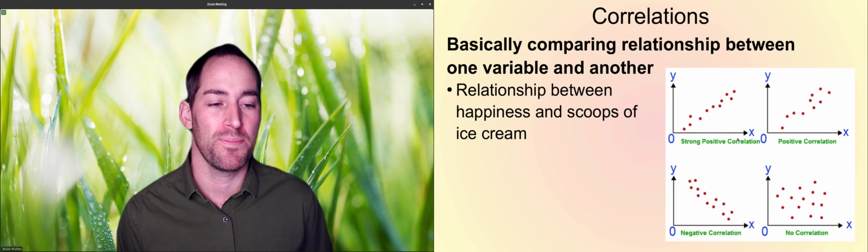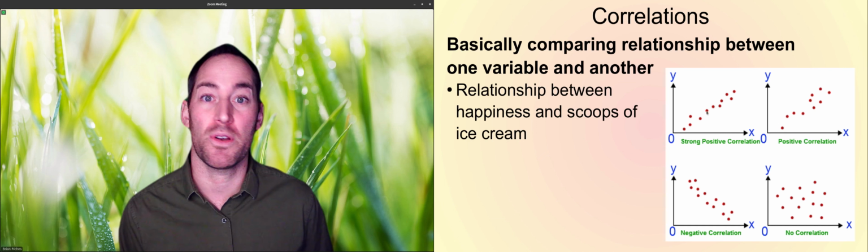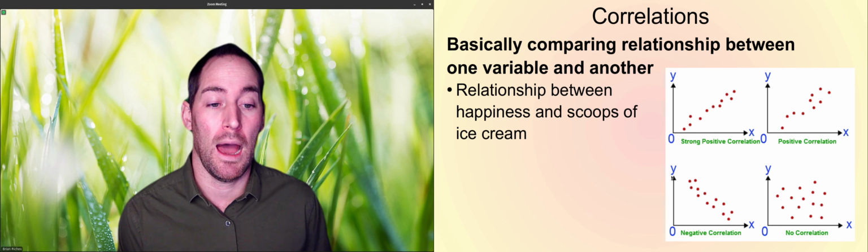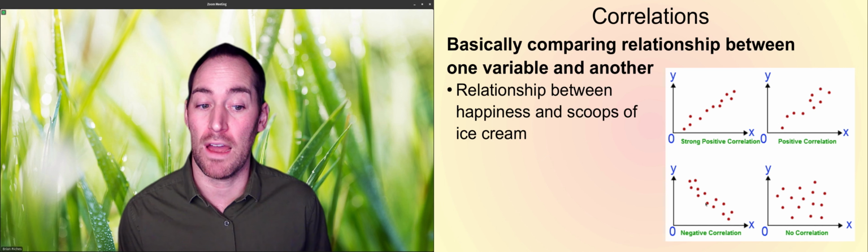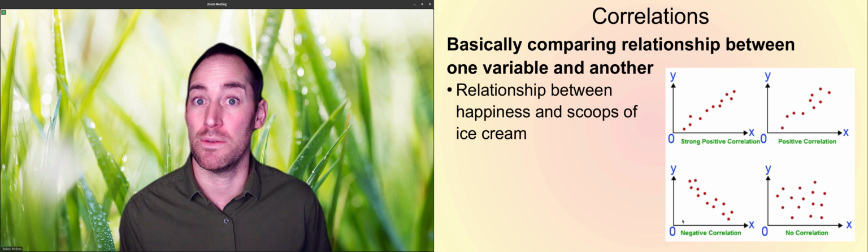When you have, let's just make it easy, 10 scoops of ice cream, your happiness score is also 10. 5 scoops of ice cream, your happiness score is also 5. That would make sense. I would suspect that. But it could be a negative correlation. Maybe you get 5 scoops of ice cream and your happiness score is still 5. But when you get 10 scoops of ice cream, your happiness score is now 0.